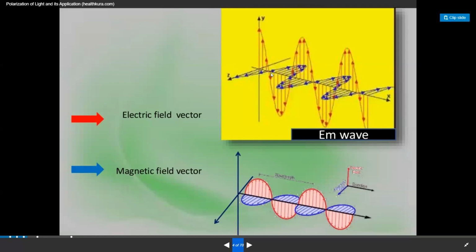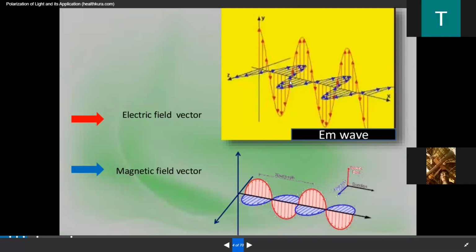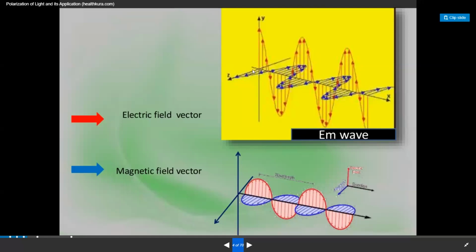That means when a light ray travels along the x-axis direction, at each and every point there are electric vector and magnetic vector vibrations, which are perpendicular to each other, and both electric and magnetic are perpendicular to the propagation of the wave.